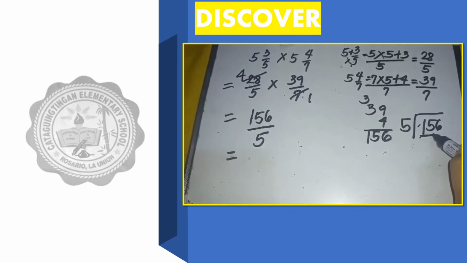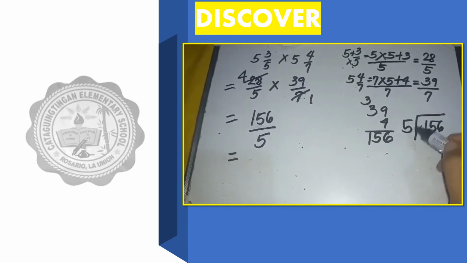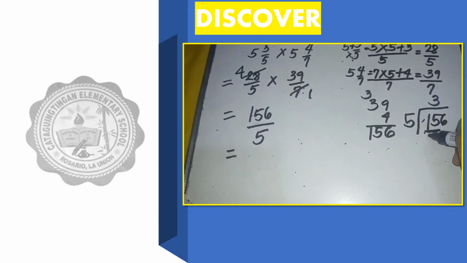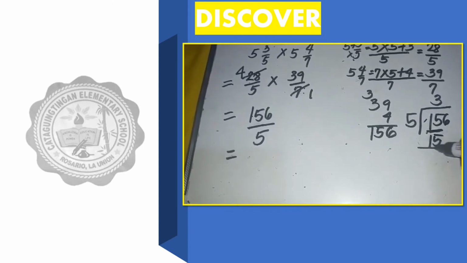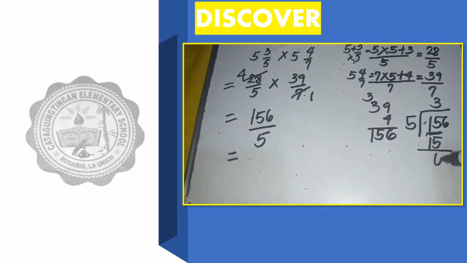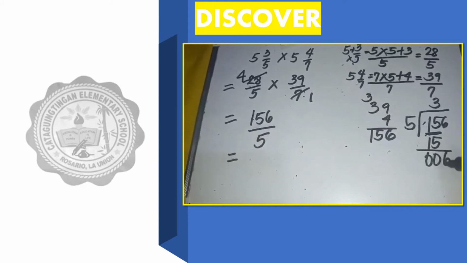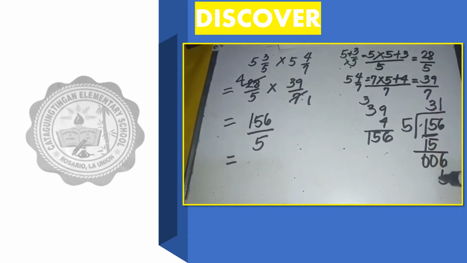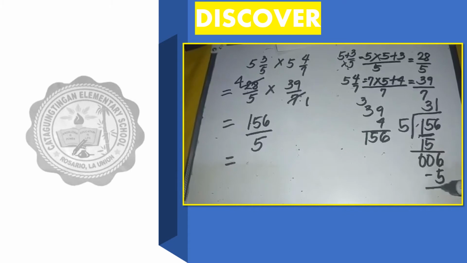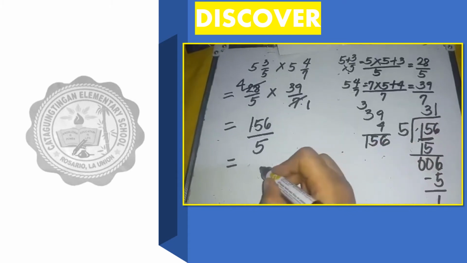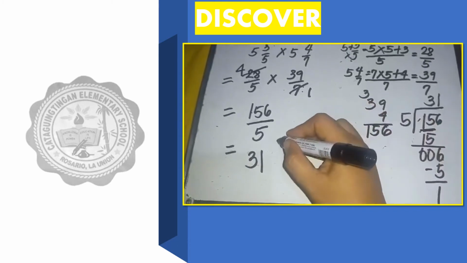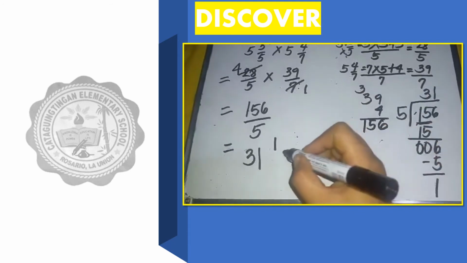So, yung 15 yung kukunin natin. 15 divided by 5 is 3. 3 times 5 is 15. 15 minus 15 is 0. Let us bring down 6. 6 divided by 5 is 1. 1 times 5 is 5. 6 minus 5 is 1. So, yung 31, siya yung whole number. Yung numerator, yung remainder na 1. Then, yung denominator is yung 5.